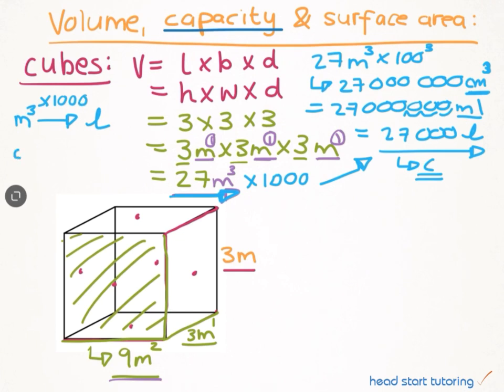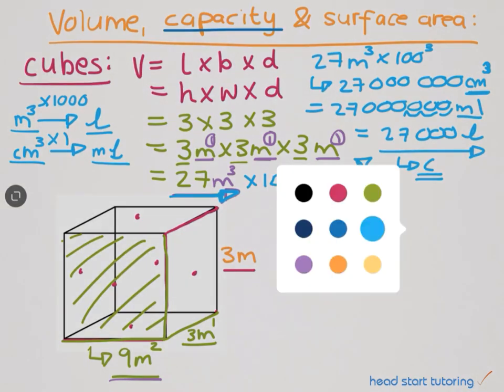And going from centimeters cubed into milliliters, you don't need to do anything, because multiplying by 1 gives exactly the same answer. So going from volume, in meters cubed or centimeters cubed, into capacity, which is liters or milliliters: meters cubed to liters you multiply by 1,000, and centimeters cubed into milliliters you just change the measurement, or multiply by 1. So that is your capacity.